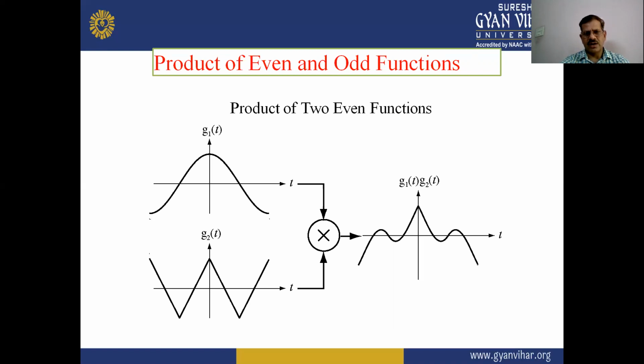So the product of g1(t) into g2(t) versus time. So this is the result of the product, given in the second waveform diagram.